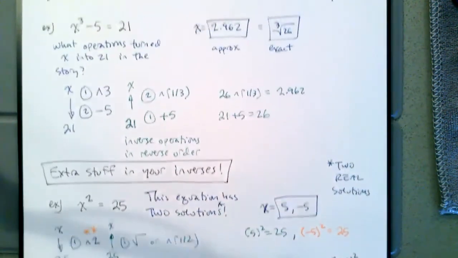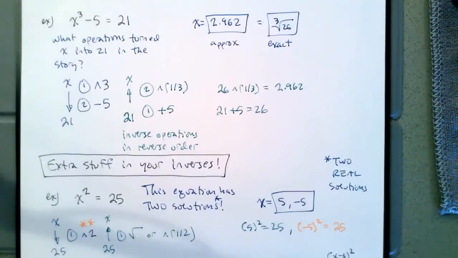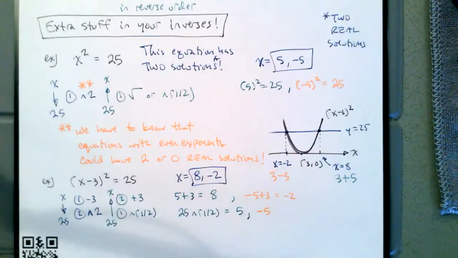With the x cubed minus 5, if the exponent is 3, there are going to be 3 solutions. It's just that one of them is real and the other 2 are complex solutions. That's something that we're going to allude to.